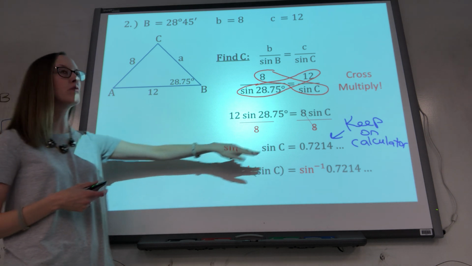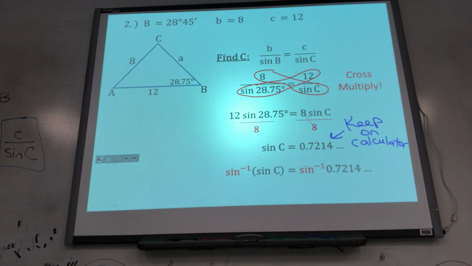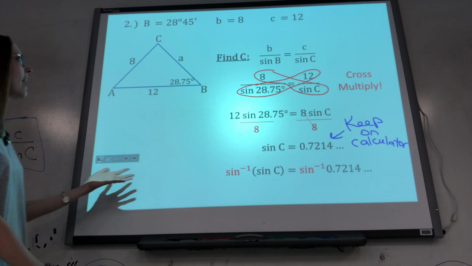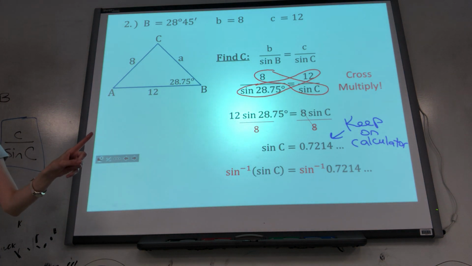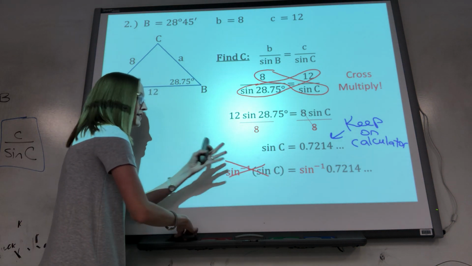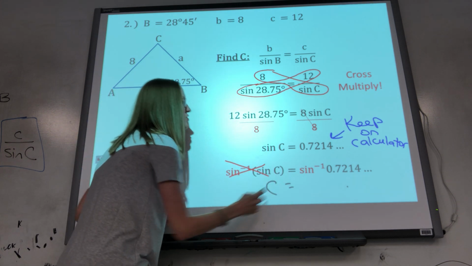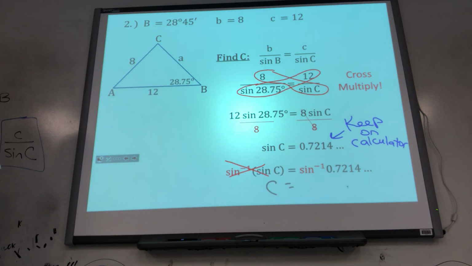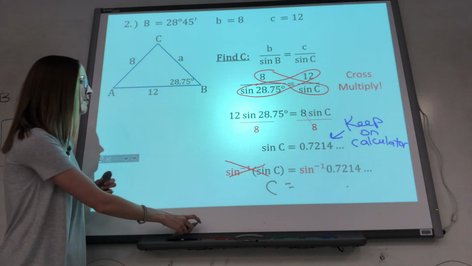Okay, so I put it in red just so you could see it better. I'm just putting inverse sine in front of the left side and the right side. Now what happens here is sine and inverse sine drop out. That's how you get C by itself.